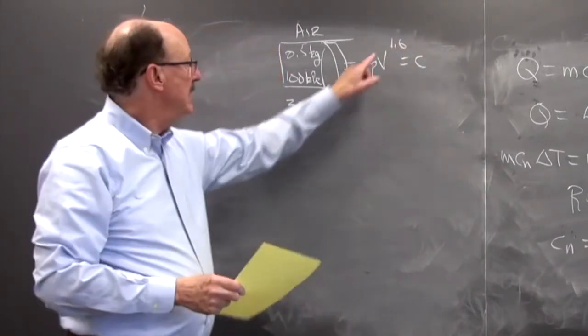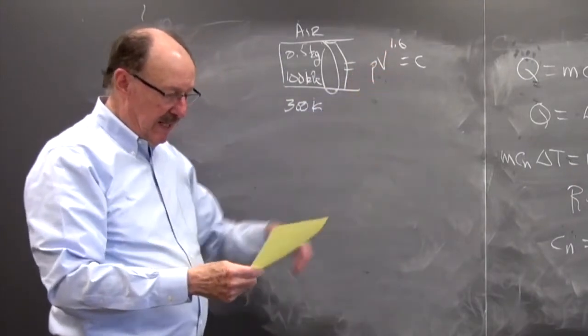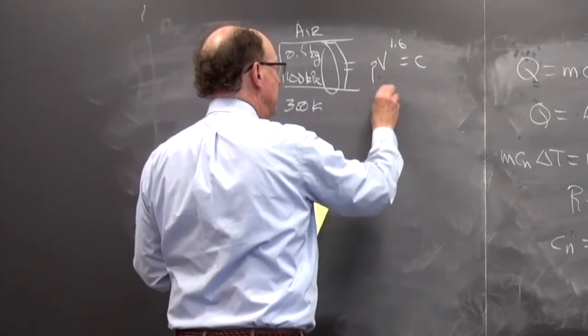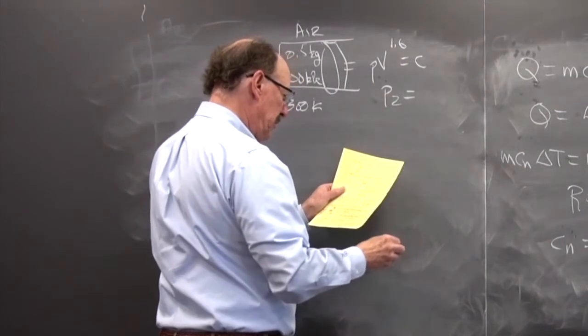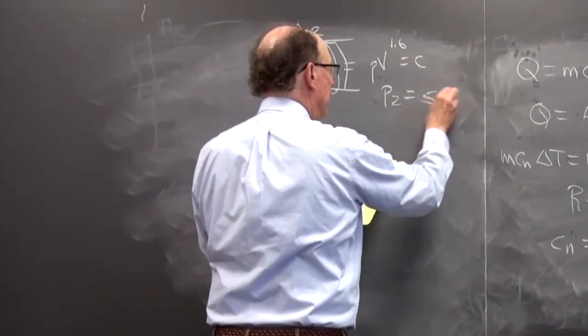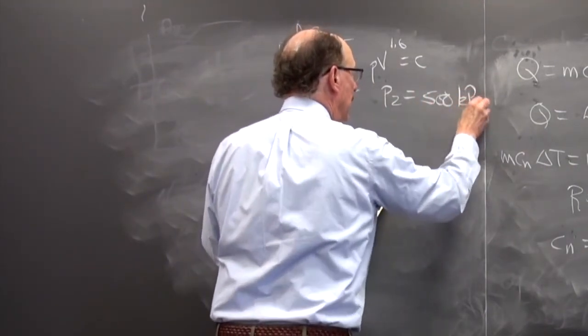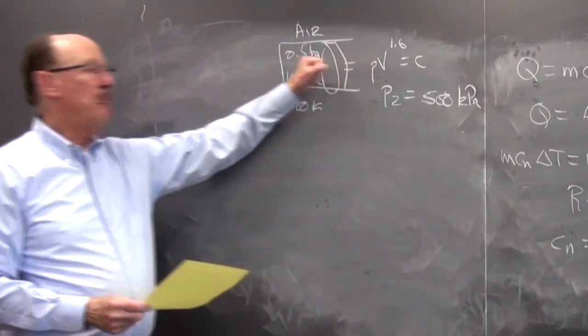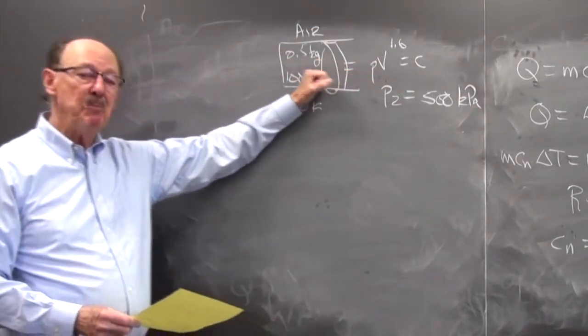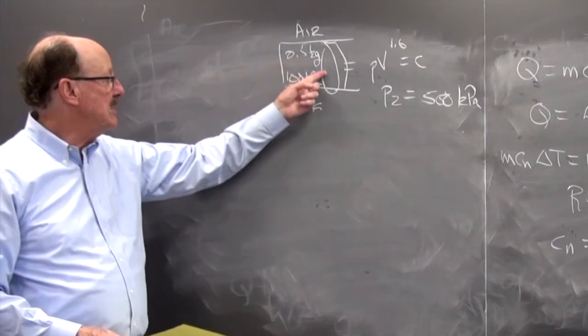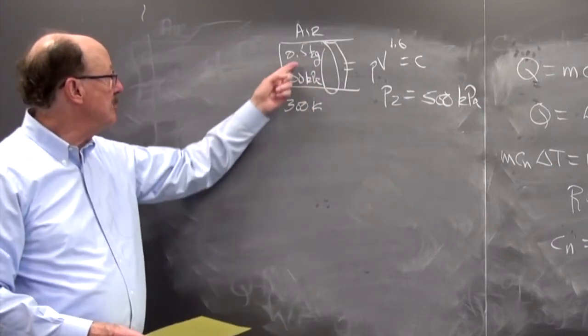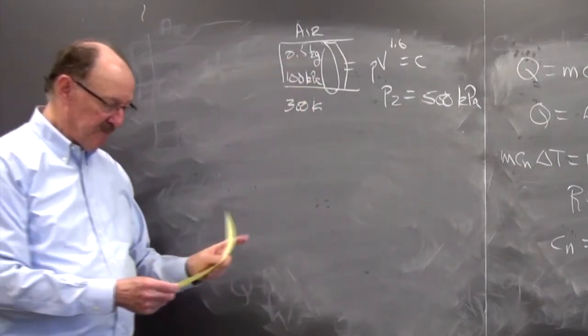So n is equal to 1.6, and P2 is going to be equal to 500 kPa. What's happening is the air is being compressed, and the final pressure is 500 kPa. We don't know what the final temperature is, but we'll find all that out.